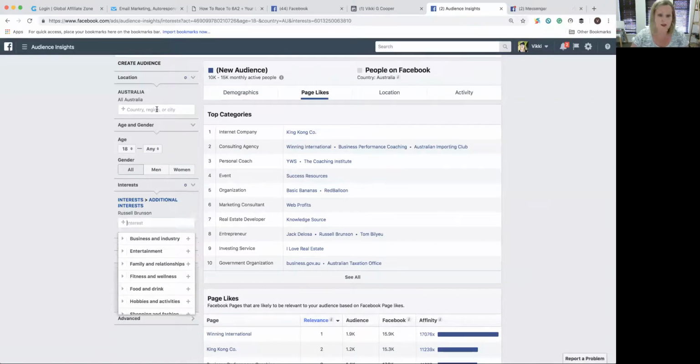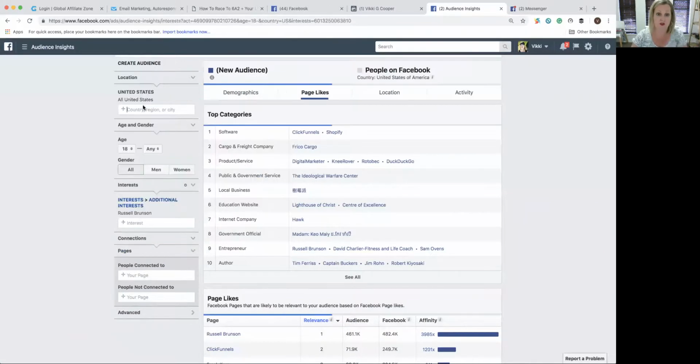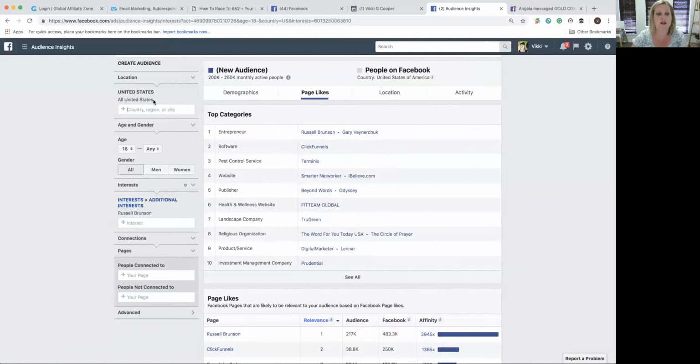However, in the US, if I go back here and type in the United States, if you're looking at this when you do your research for the United States, we've got 200 to 250K monthly active people following Russell Brunson. So that's a really, really good targeted interest for the US, not so much for Australia.